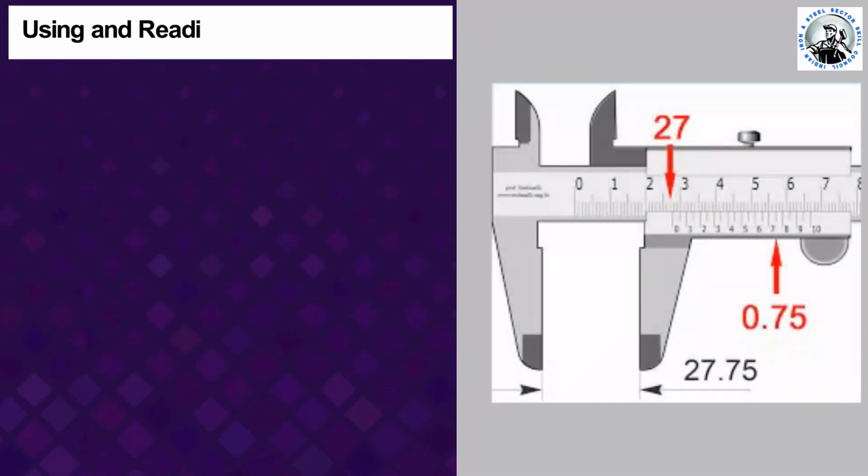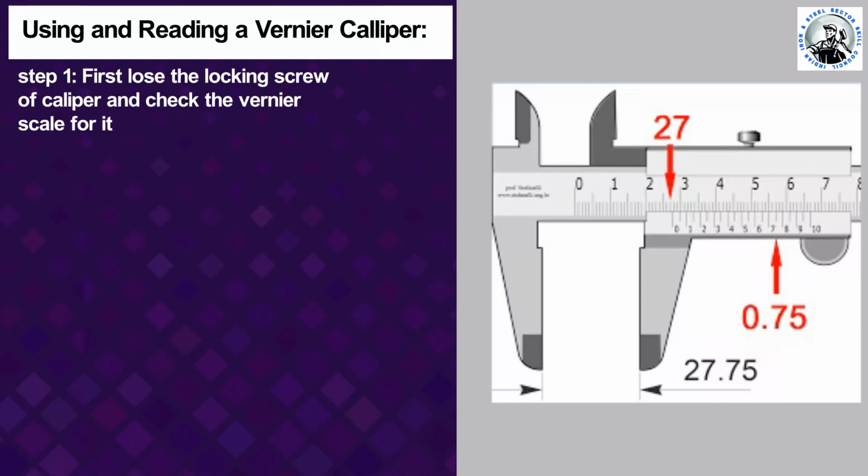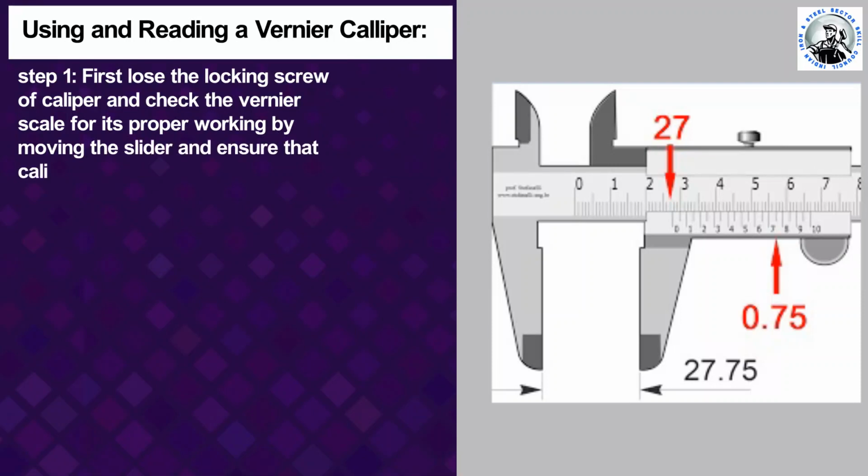Using and reading a vernier caliper. Step 1. First, loosen the locking screw of the caliper and check the vernier scale for its proper working by moving the slider and ensure the caliper is reading 0 when closed fully.